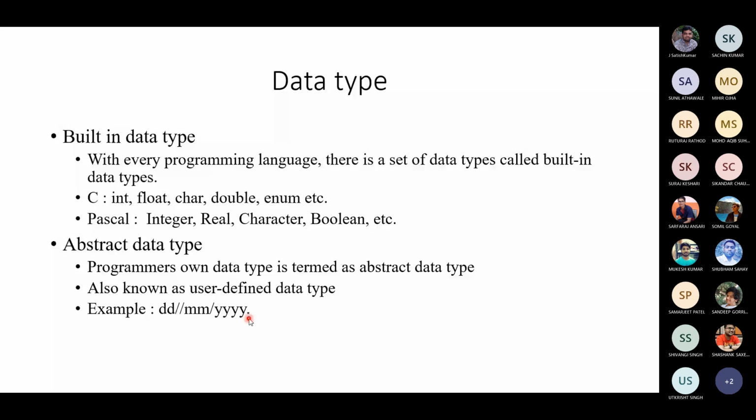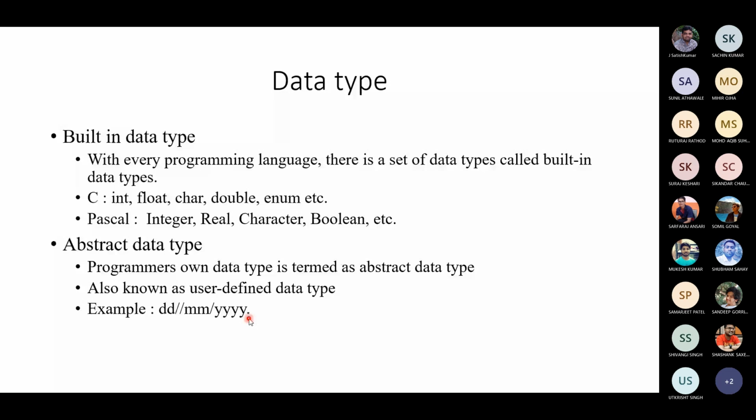Okay, so we as programmers define our own data type, which we call an abstract data type. It is also called a user defined data type. So we will define how a date works. When I say date, how it will work, we have to write a set of instructions and logic to define our own data type.